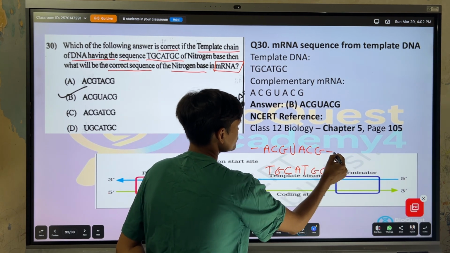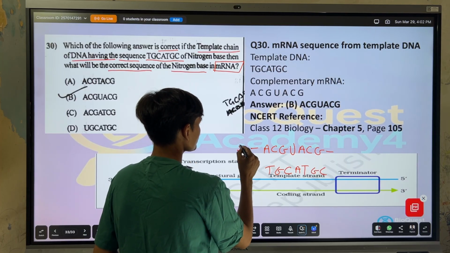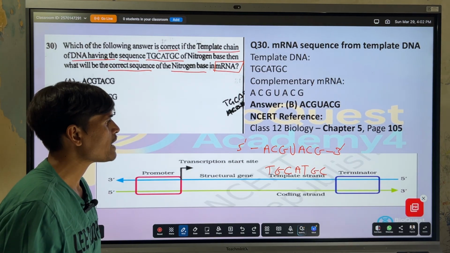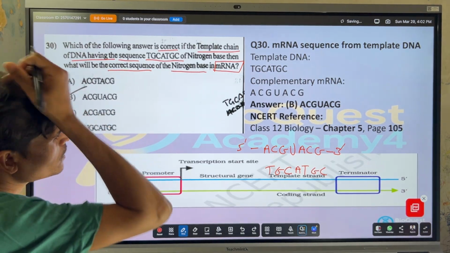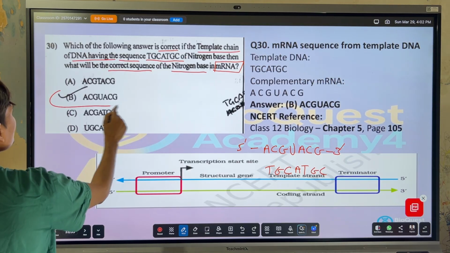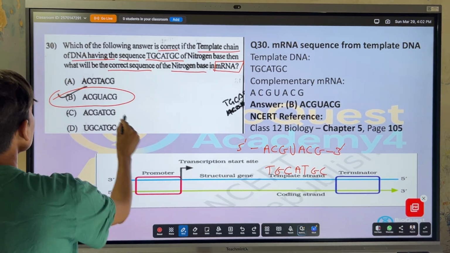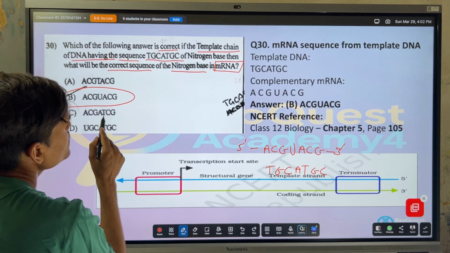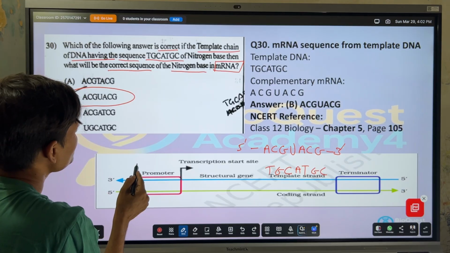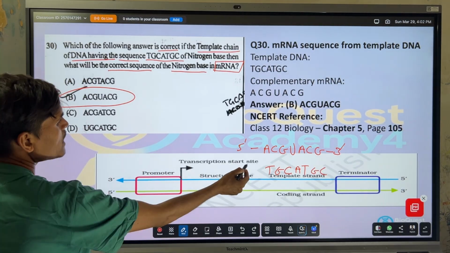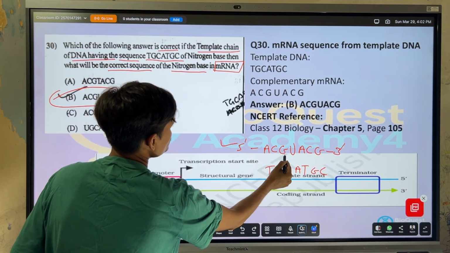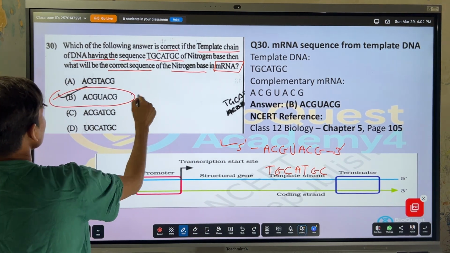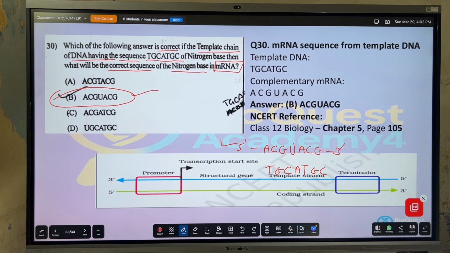So this is my 5' to 3' mRNA: ACGUAGC. So this is my answer.